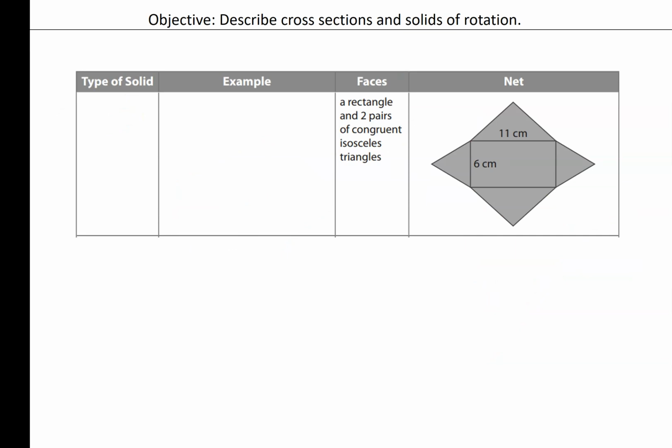Sorry about that. So here, another part of our table, we are given a description of the faces and a diagram of the net. We're asked to draw the solid and name that solid. So the idea would be, so here we have a rectangle and 4 triangles. This would be the bottom, and then these 4 triangles would fold up.